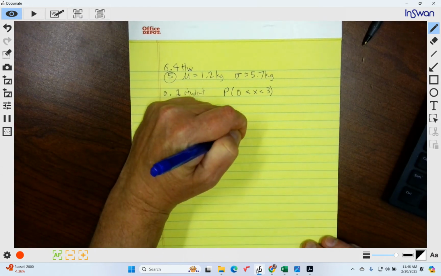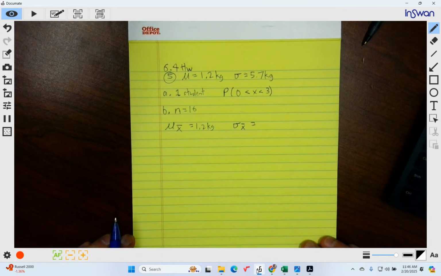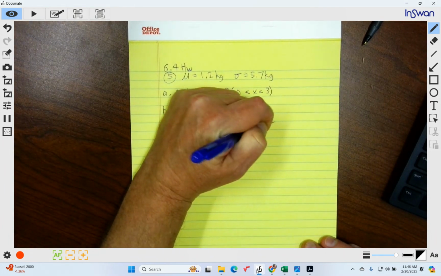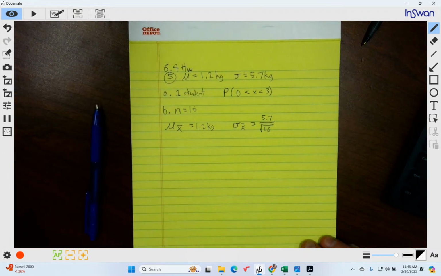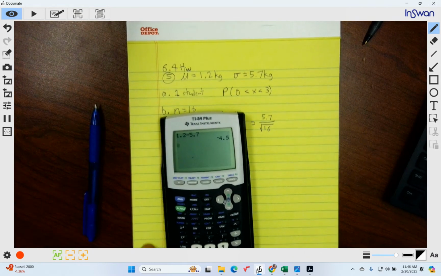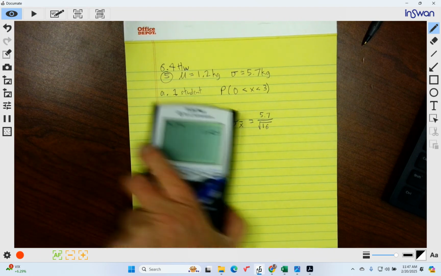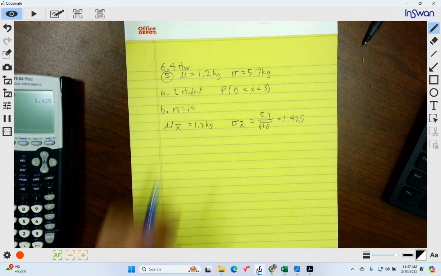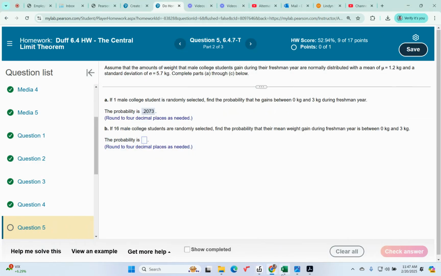But the standard deviation of X bar has to be adjusted for the sample size. So our standard deviation was 5.7 kilograms, but we have to divide that by the square root of n. So we're going to get 5.7 divided by root 16, which is just 4. 5.7 divided by 4 is equal to 1.425. So now that is the standard deviation we need to use when we put this problem back into StatCrunch.